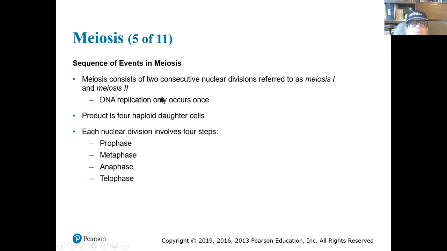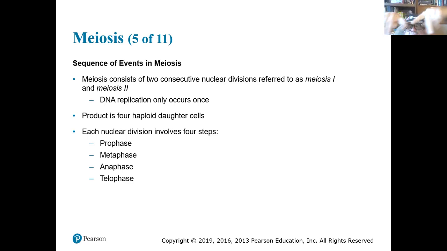So we're going through two divisions, but we only double the DNA at the beginning. That's why 46 normal chromosomes become 46 double chromosomes. I'm trying to show the nucleus a little bigger. After the first cell division, you're down to two cells with 46 doubled chromosomes.